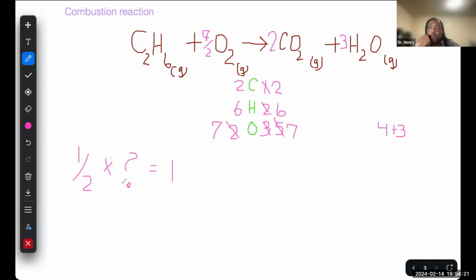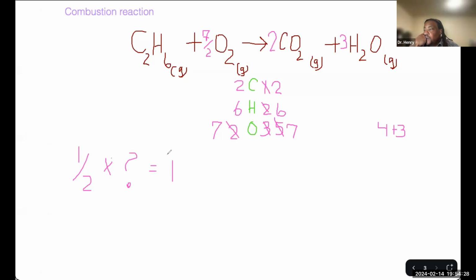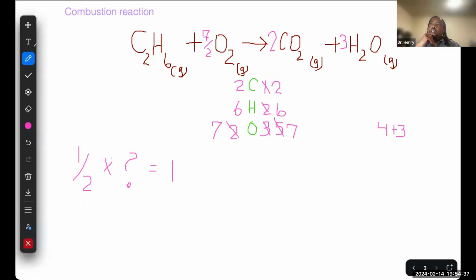So what do I need to multiply 1/2 by so that it will equal 1? 2. Okay, so what we're going to do is we're going to multiply this whole equation by 2. Okay, so let me write down the chemical equation down here.